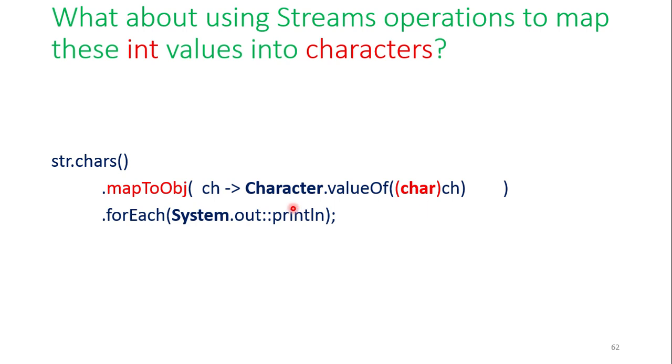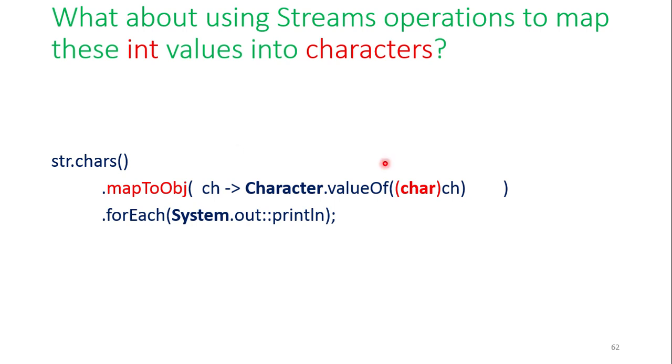Now I call the valueOf static method from the Character class. Character is a class that is a wrapper around the char primitive data type. I pass to it a char, and that's why I converted the int into a char. I could have let that be done by implicit conversion, but I've made it explicit here. Now this valueOf method gets a char value and builds a Character object that wraps around that char value.